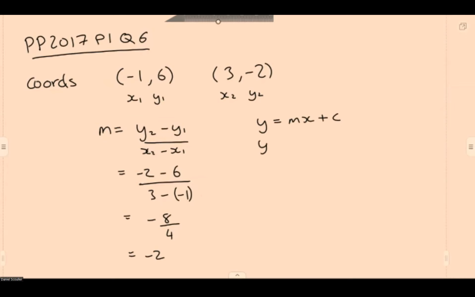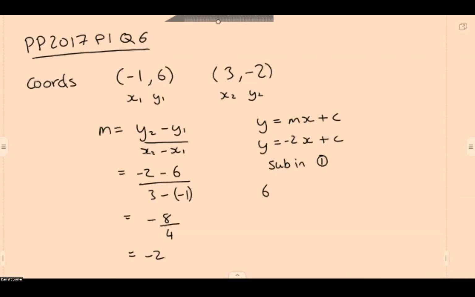So you've got the m that you can substitute in there. Now at this stage, all we're doing is substituting in one of your coordinates, either one, it doesn't matter. So it's coordinate number 1. If I substitute coordinate number 1 in, the y value is 6.